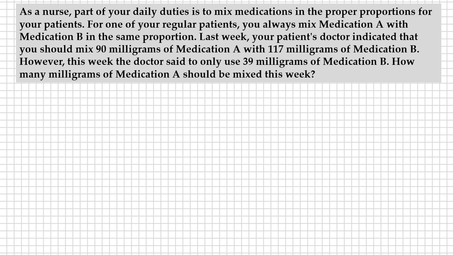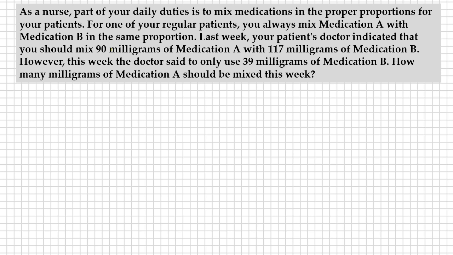For one of your regular patients, you always mix medication A with medication B in the same proportion. Last week, your patient's doctor indicated that you should mix 90 milligrams of medication A with 117 milligrams of medication B. So what we see here is not a rate. This is what we call a ratio.